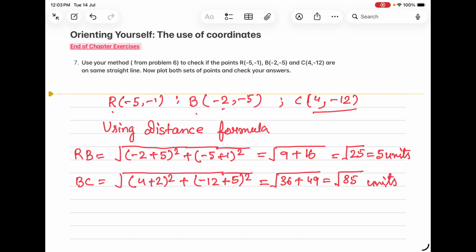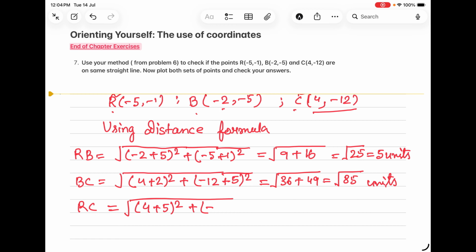Next, you have to find out the distance of R and C. RC equals to square root of, in RC, what is x2 and x1? 4 is x2 and minus 5 is x1. So 4 minus minus 5, minus minus plus 5 whole square, plus y2 minus y1, y2 is minus 12, y1 is minus 1.